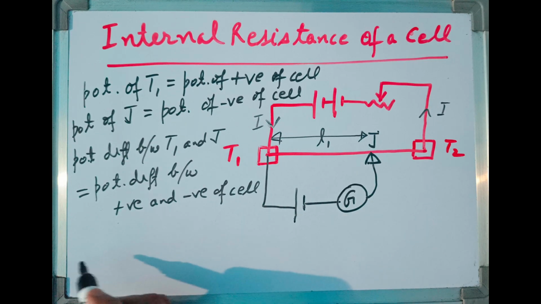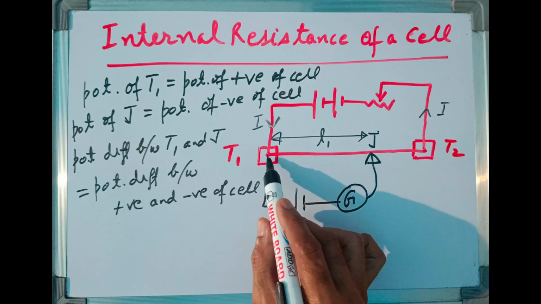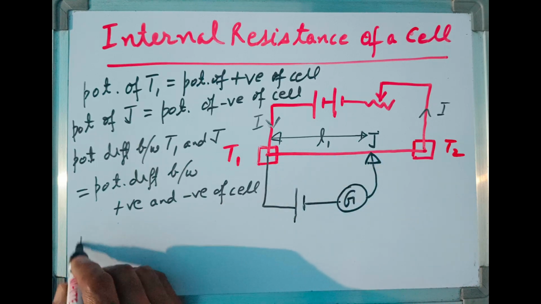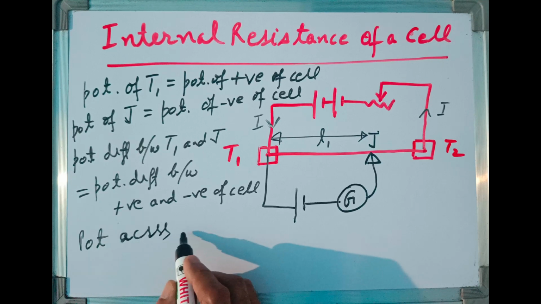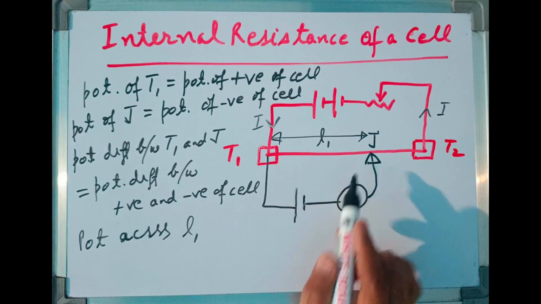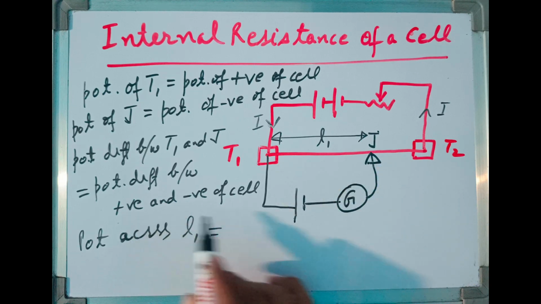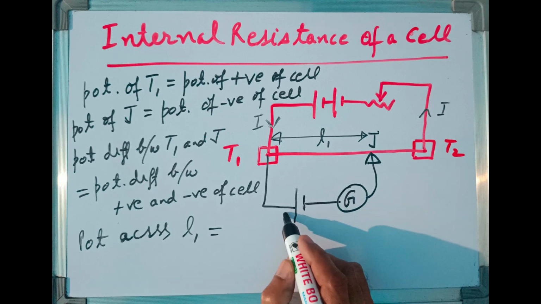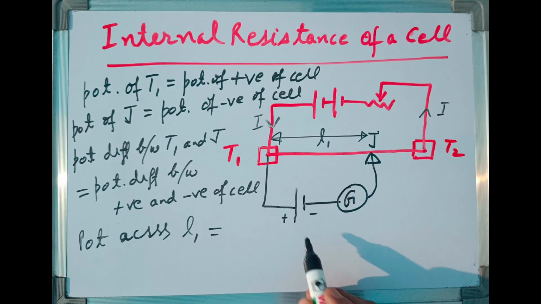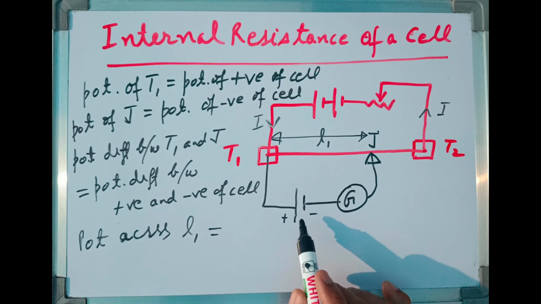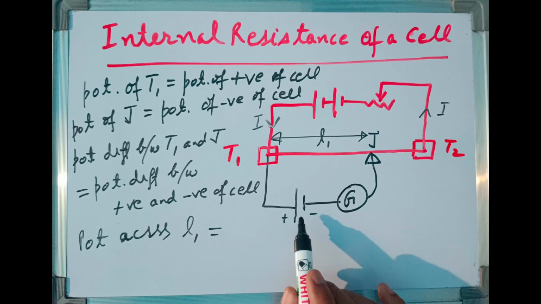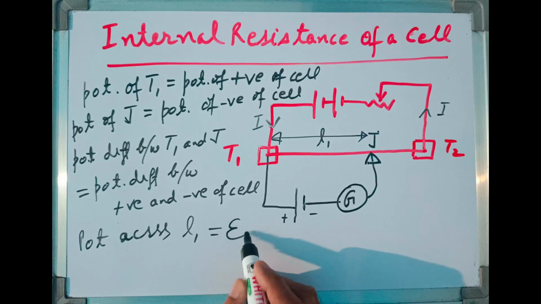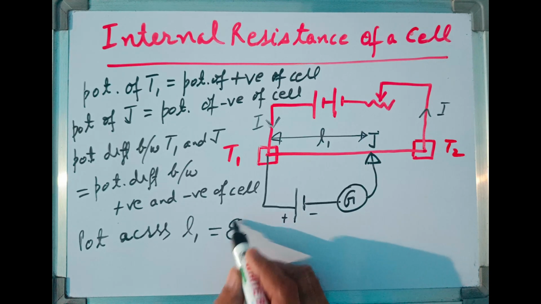That is, potential difference between this terminal and this terminal, that is potential across portion L1 of potentiometer wire, equal to potential difference between positive and negative terminal. This is positive terminal of cell, this is negative. Because no current is being drawn from this cell, in this position we can say potential difference between these two terminals is called EMF of the cell, and we denote EMF as this letter E.